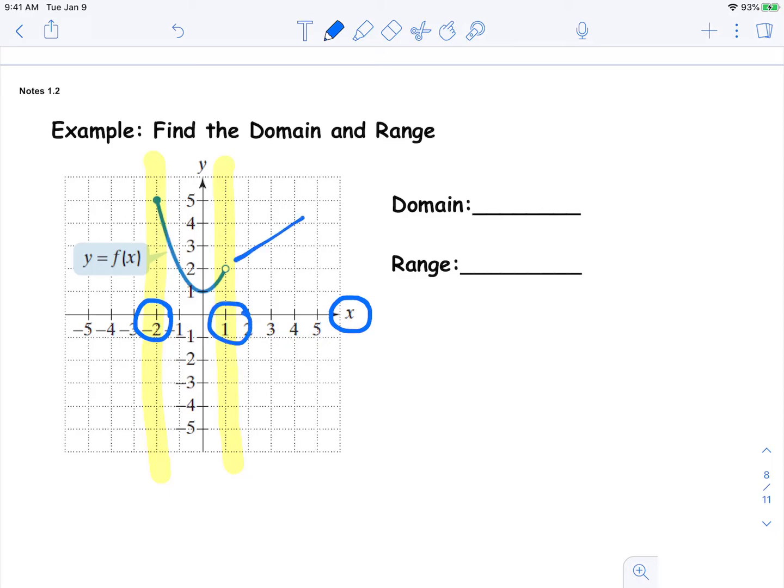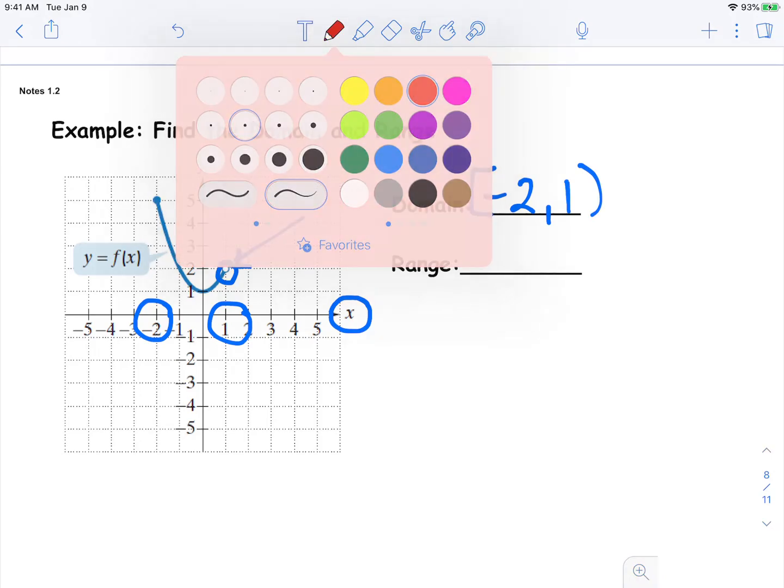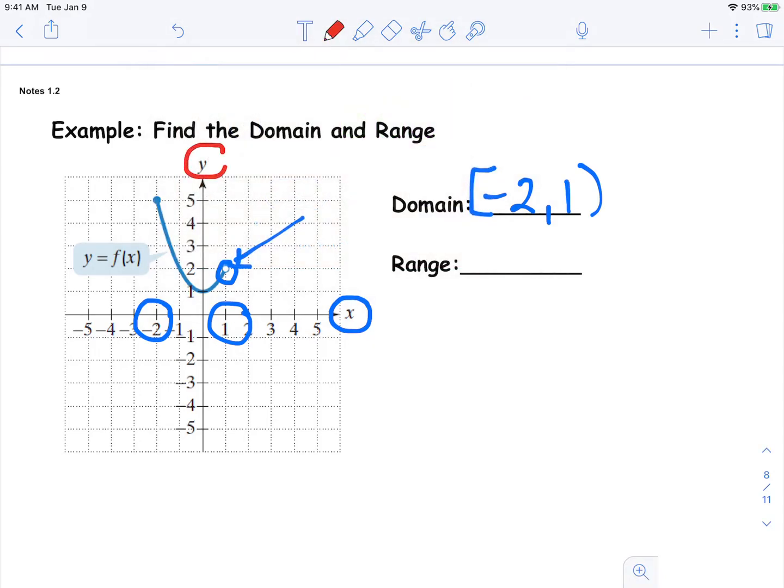And look at this open circle right here. That does not include 1. So we have to say that is going to be a parentheses notation because it cannot include 1.